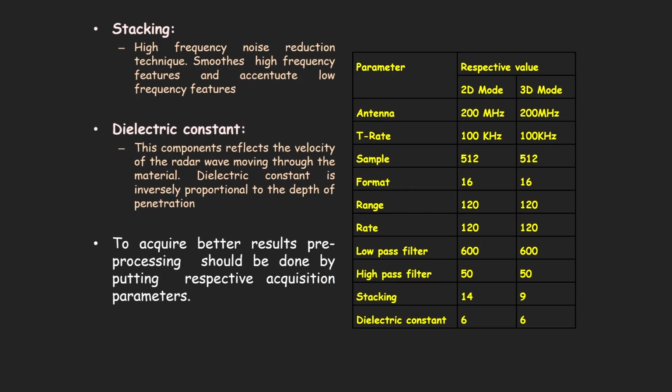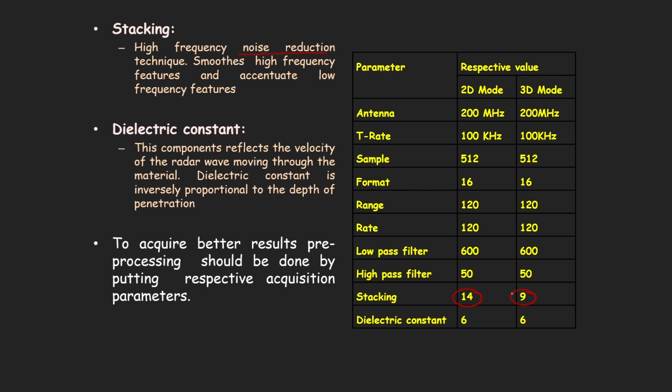Now stacking is also important, and that is mainly used for noise reduction. It is a high frequency noise reduction technique, smoothing high frequency features and attenuating low frequency features. Mostly we put stacking around 13 to 14 in 2D, and if you are taking 3D then we put 9.